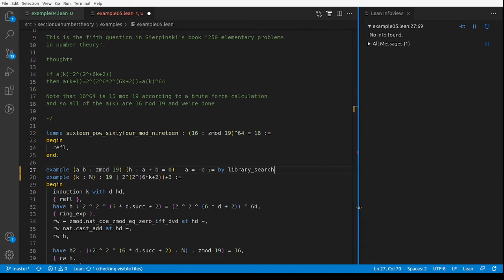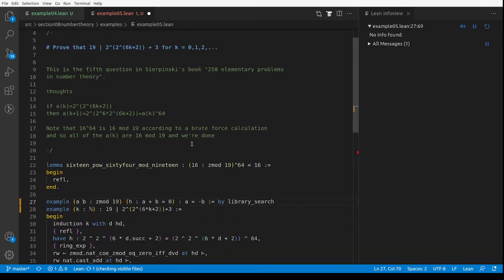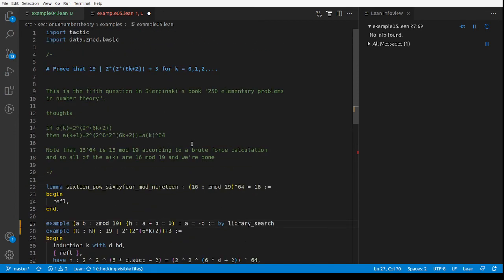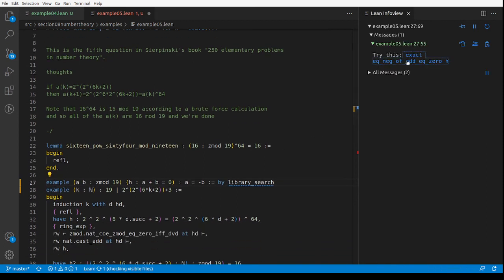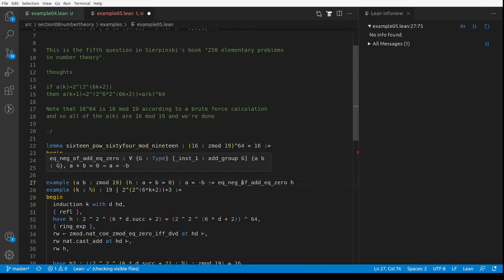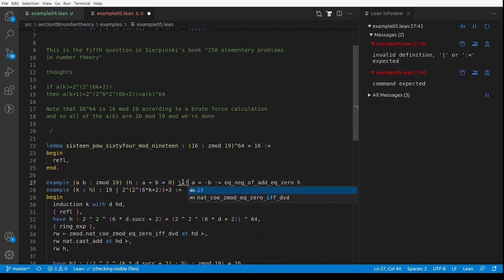Something nice. eq_neg_of_add or something. Oh, it's having a good think. Why is it thinking so much nowadays? It's because I've imported maybe data.zmod.basic. Oh, here we go. eq_neg_of_add_eq_zero. And is that an if and only if? Oh, that's not an if and only if. Oh, that's a blow, because I'm going to need it both ways. Can I do if and only if? Silly me.